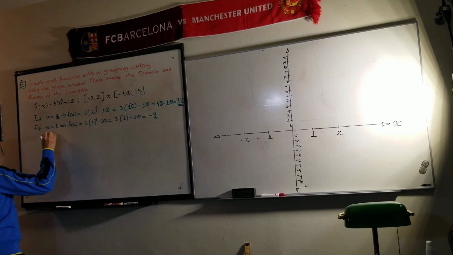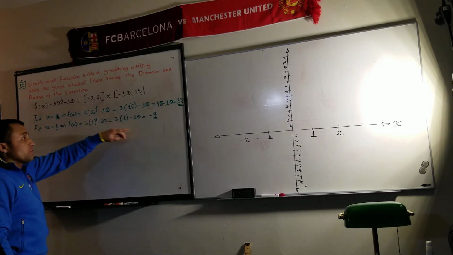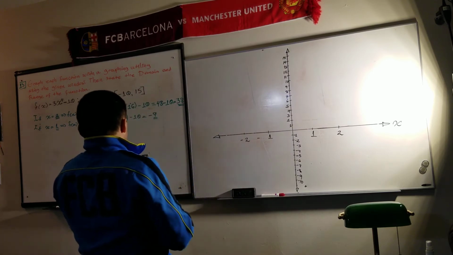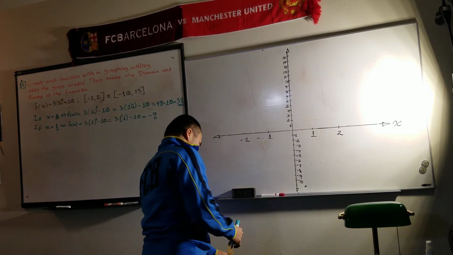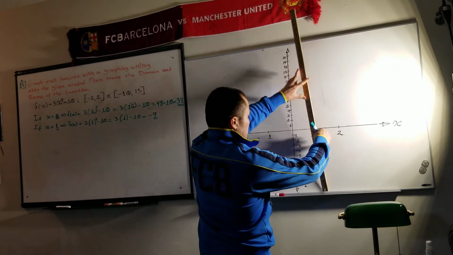So we have that if x is equal to 1, y, or f of x, will be minus 7.